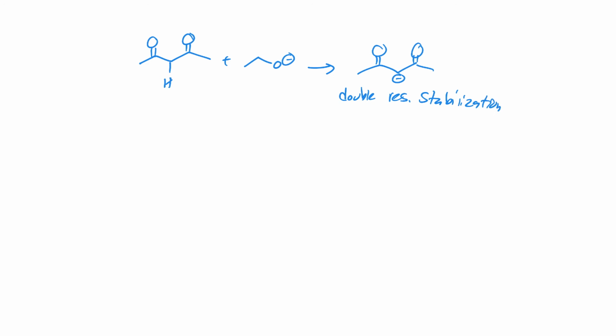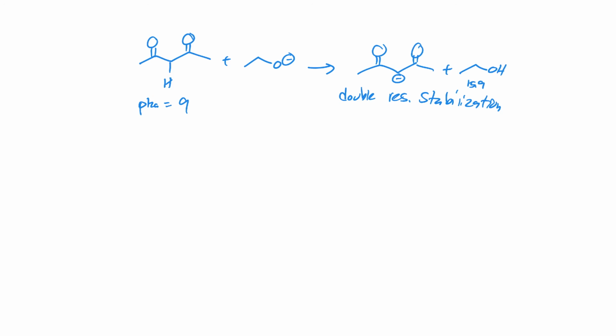We could stabilize that negative charge via either of the carbonyls. And so if I look at the pKa differences here, I have a pKa of about 9 for that doubly alpha hydrogen, and I have a pKa of about 15.9 for the ethanol.